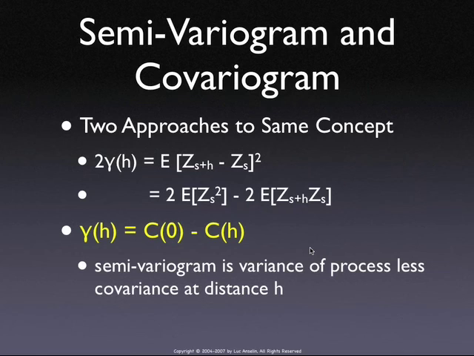But because of this relation, you can always move from one to the other. With an estimate of the semi-variogram in hand, given the variance of the process, you can compute the covariance for that same distance, and vice versa. But typically, and the reason why this came about, is that in many circumstances it's a lot easier to estimate the semi-variogram than it is to estimate the covariance of a process.